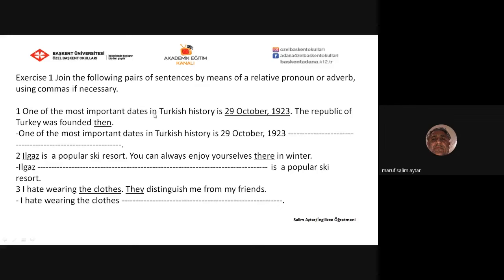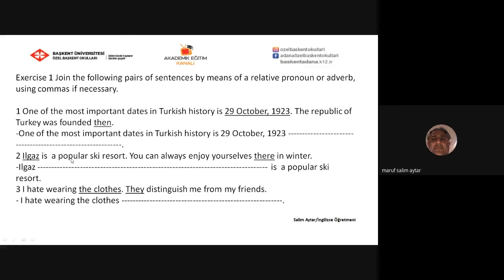One of the most important dates in Turkish history is 29 October 1923. See, because the Republic of Turkey was founded then. It refers to time. Remember? So, one of the most important dates in Turkish history is 29 October 1923, blah, blah, blah.